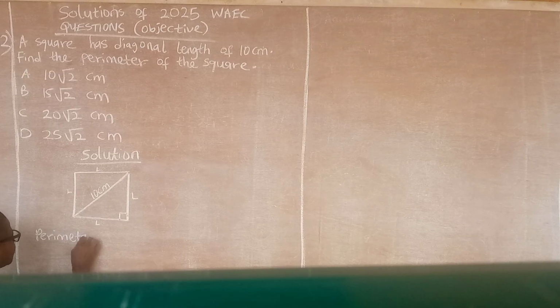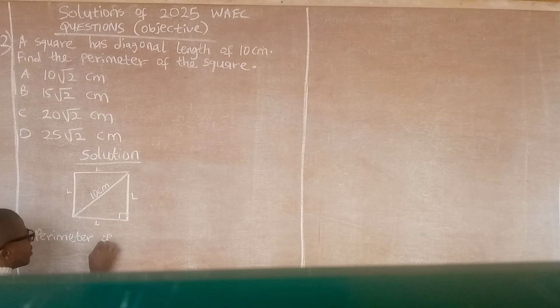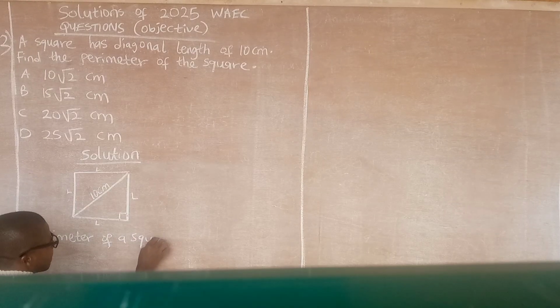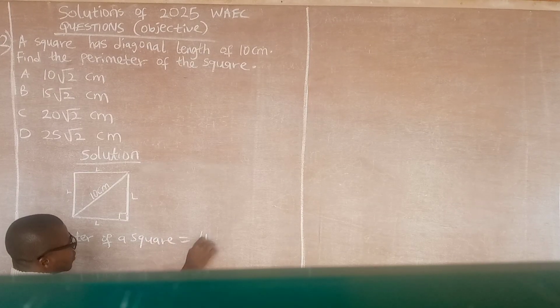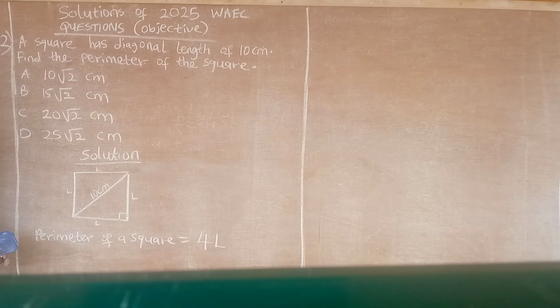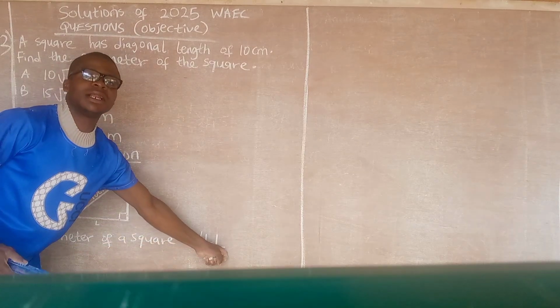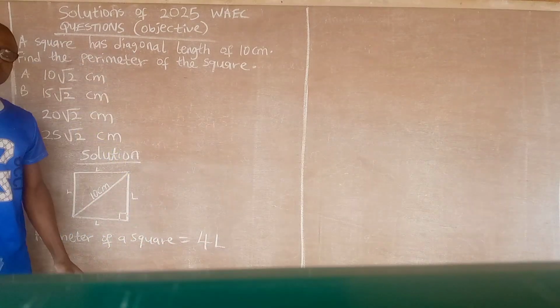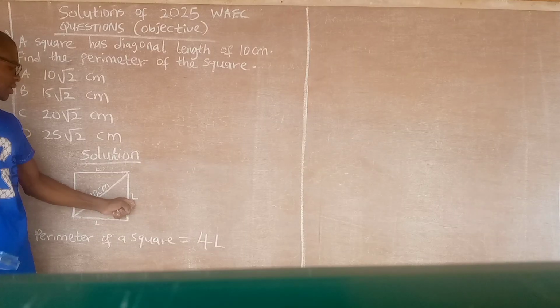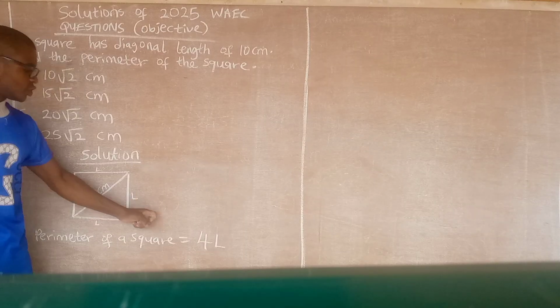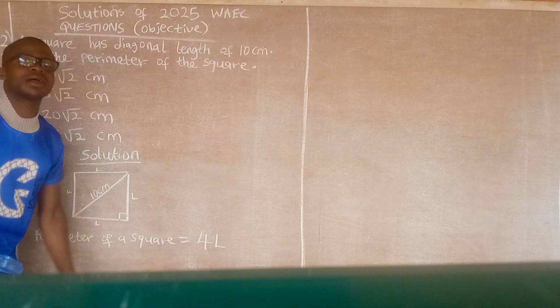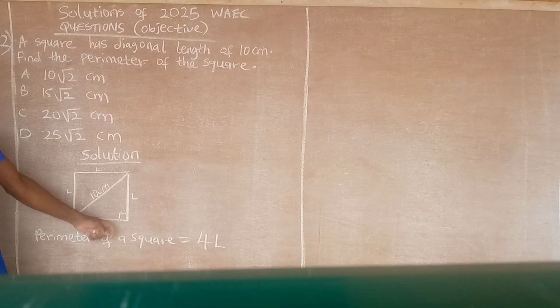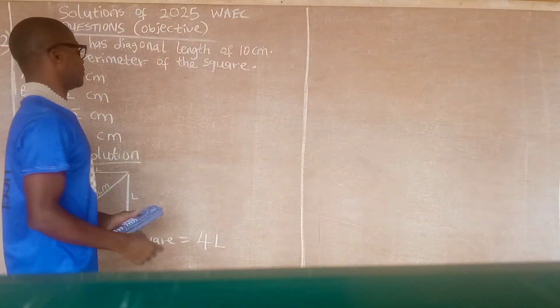Formula for calculating the perimeter of a square equals 4 times the length of the square, which means I have to calculate the length of this square, substitute the value in this formula to get the perimeter of the square.